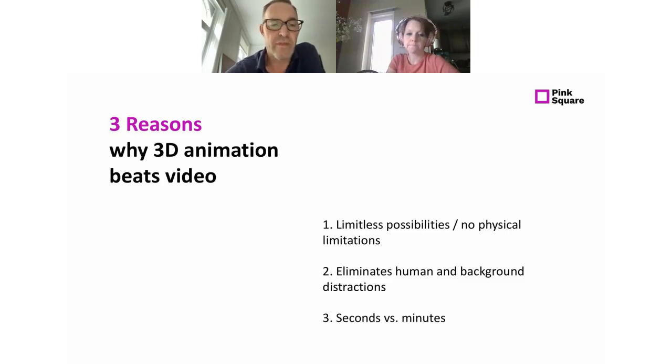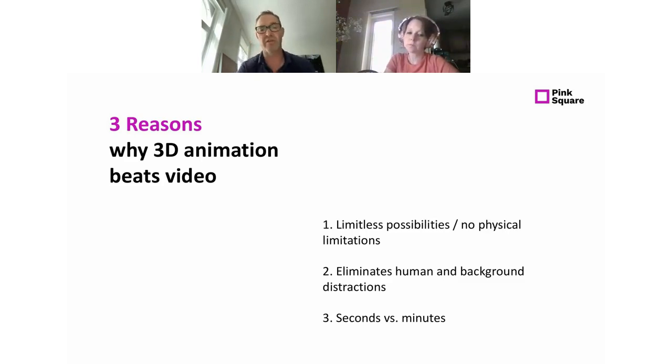And that's where we think that 3D animation is unique, and it often does a better job than video when it comes to technical products. First of all, you have limitless possibilities and there are no physical restraints or limitations. You can go inside machinery.